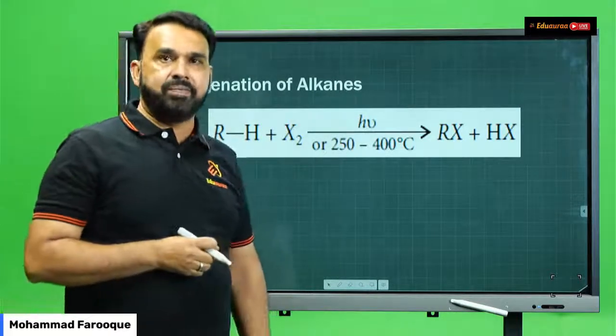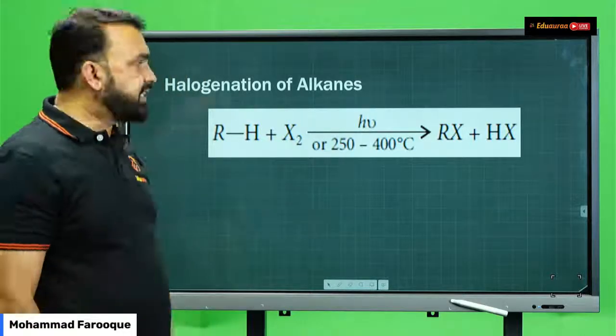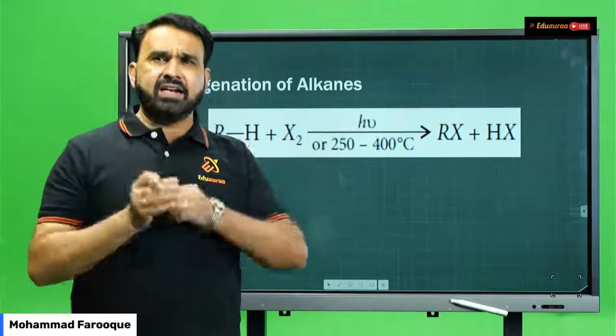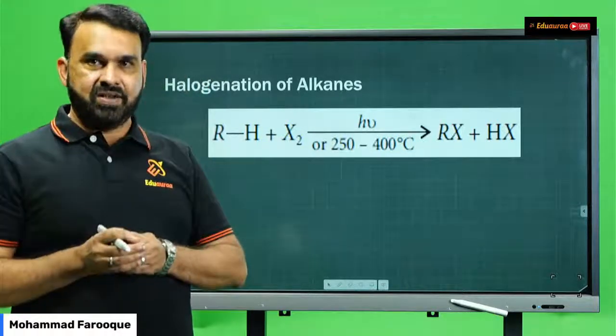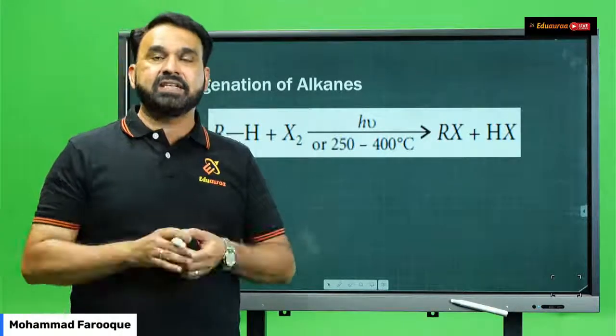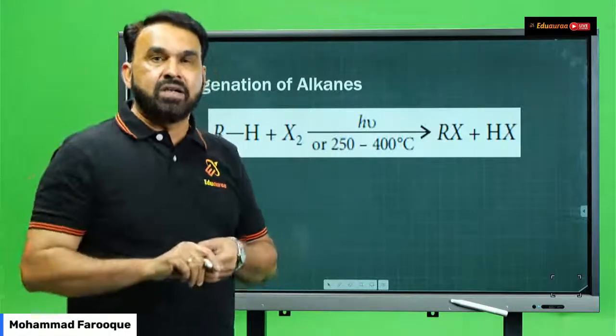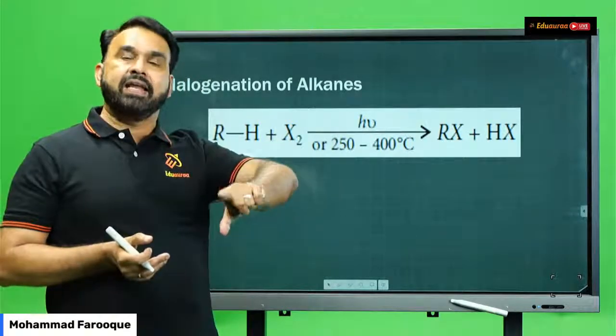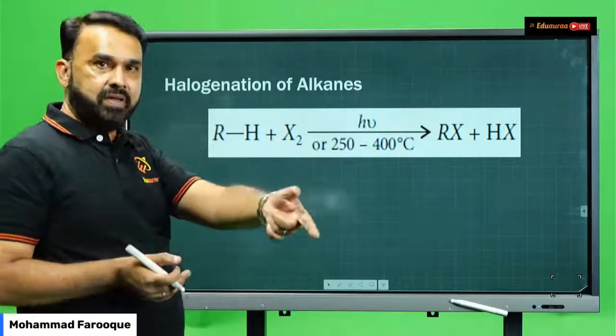Next, we see that alkyl halides can be prepared by halogenation of alkanes. It's an 11th standard reaction, when you study alkanes, organic chemistry, under hydrocarbons in 11th. Halogenation means addition of a halogen to an alkane. That means a hydrogen atom of an alkane is replaced by a halogen atom.